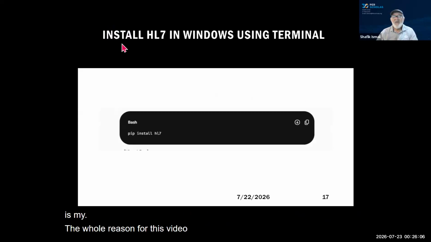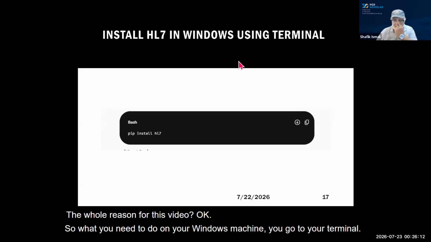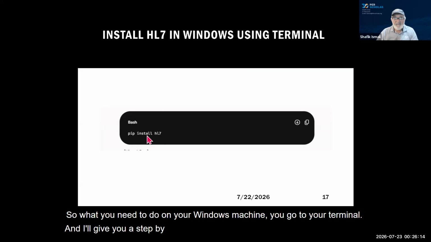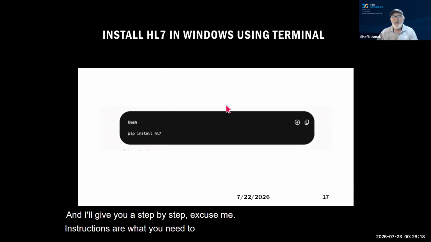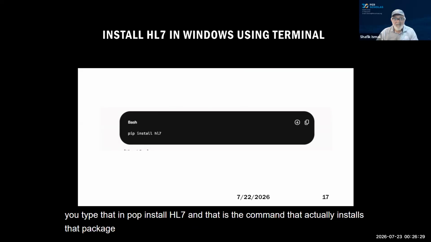On your Windows machine, go to your terminal, and I'll give you step-by-step instructions of what you need to do. Type in pip install hl7, and that command installs the package.